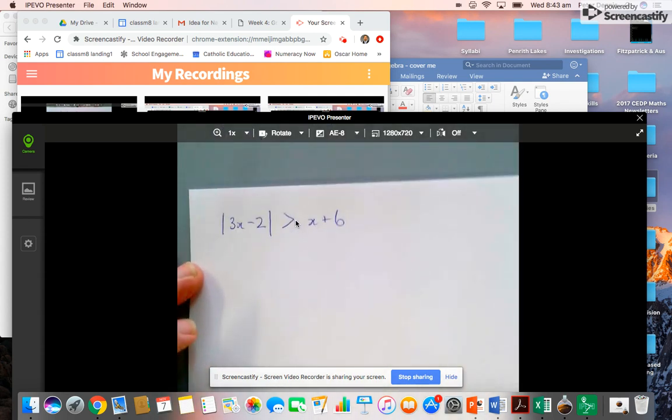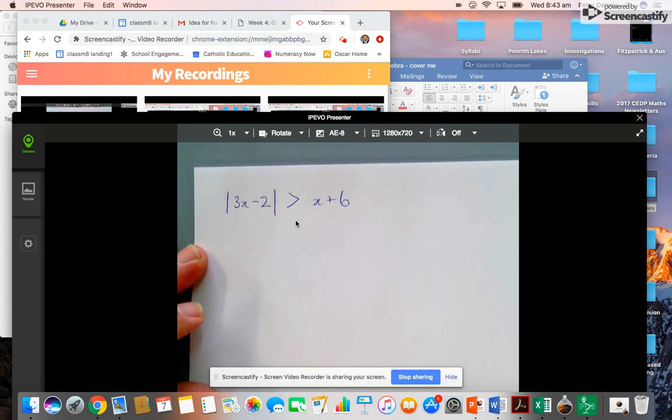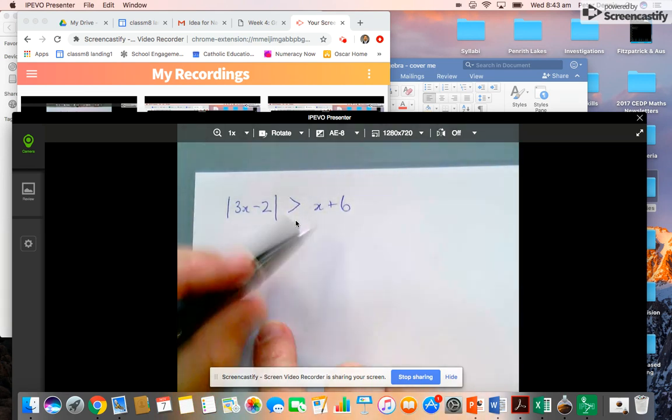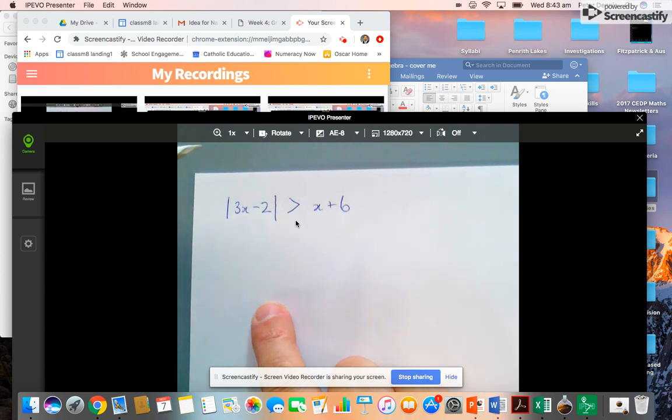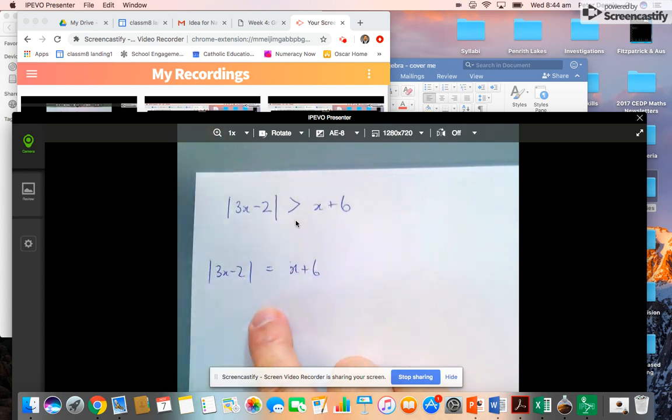If we look at absolute values, which graphically can be quite difficult, again, I just straight away look at the equals case. So when is the absolute value of 3x minus 2 equal to x plus 6? And I just solve that.